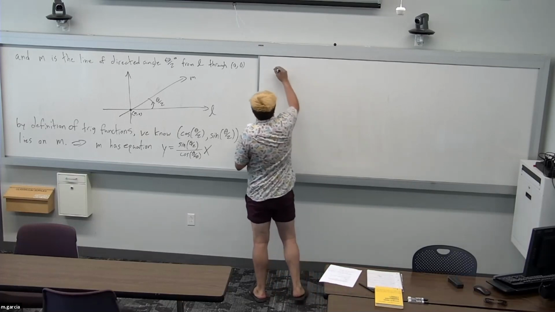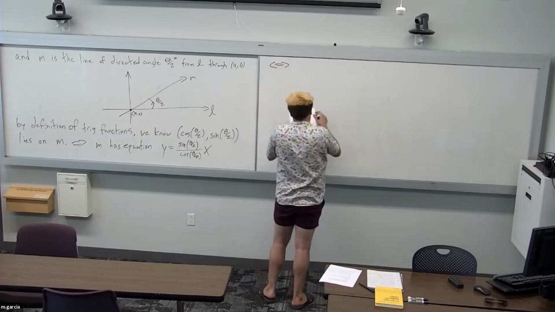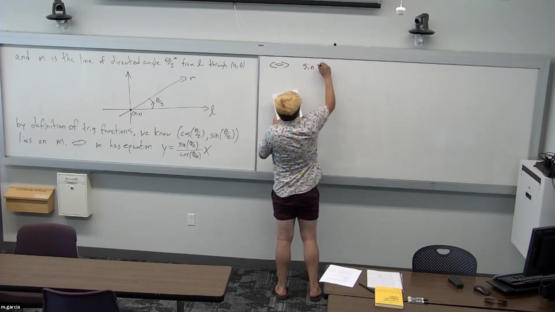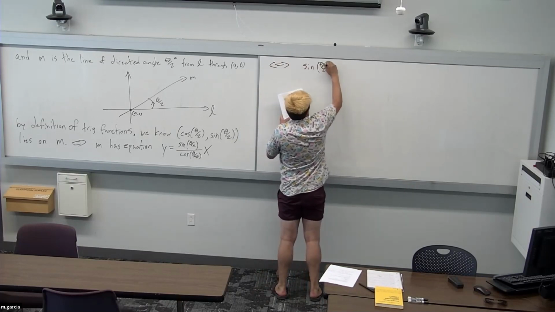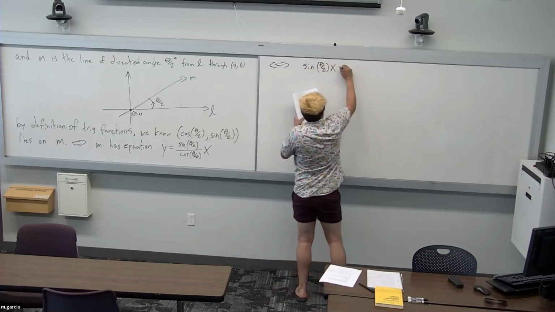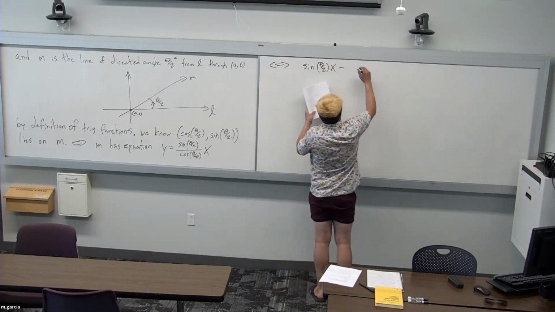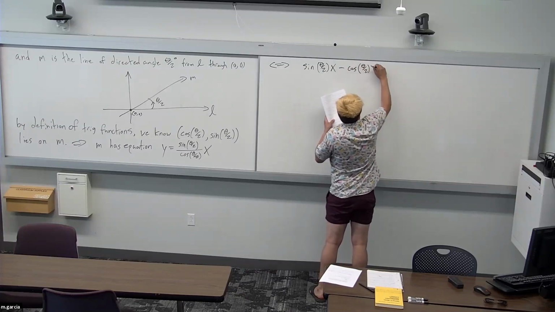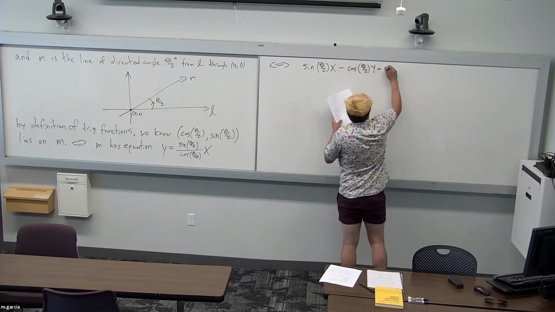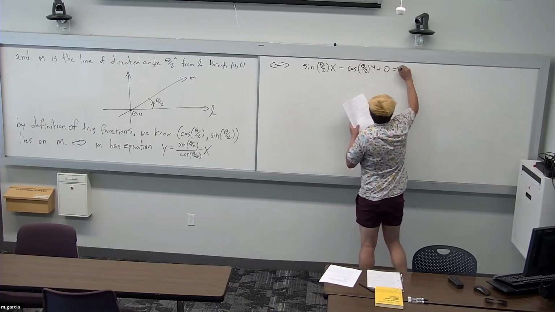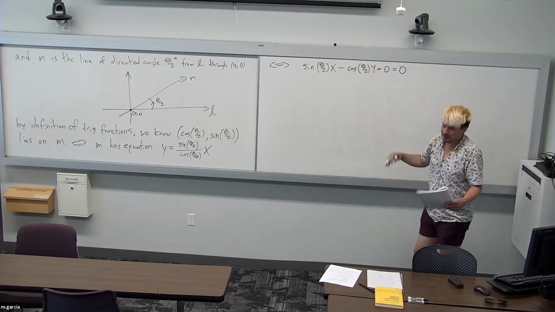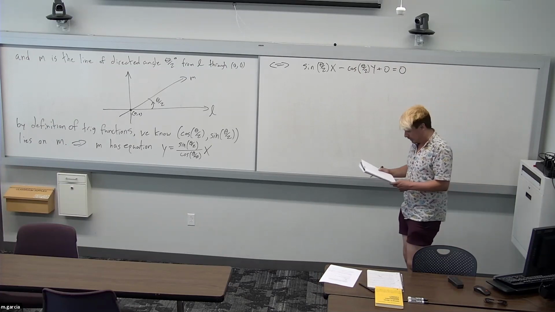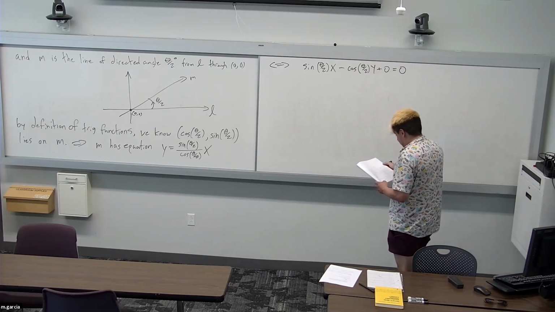So this is the same as saying we have sine of theta over 2 x minus cosine of theta over 2 y plus 0 equals 0. I just put the 0 in to make it completely transparent what we're doing when we put it in standard form. Our c is equal to 0.